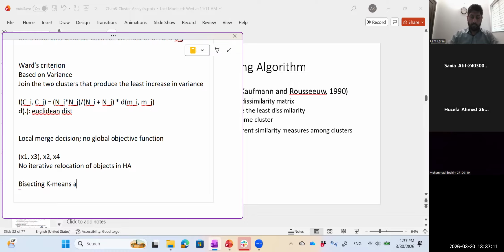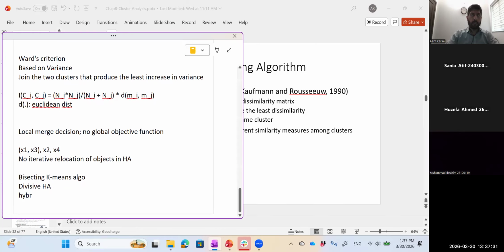So this is actually a divisive hierarchical algorithm, but it's also a hybrid algorithm because it includes hierarchy as well as the K-means algorithm.